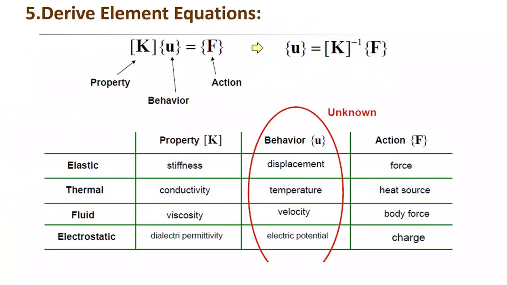Here, the derived element equations will generally be classified as the stiffness matrix times the displacement vector equals the force, where the stiffness matrix K equals the property of the element. What kind of property is available? It describes the structure of the object. And U is the behavior, which kind of output can be produced.